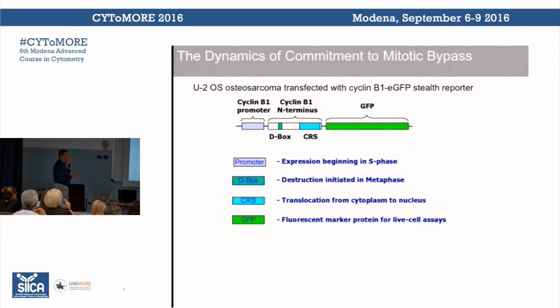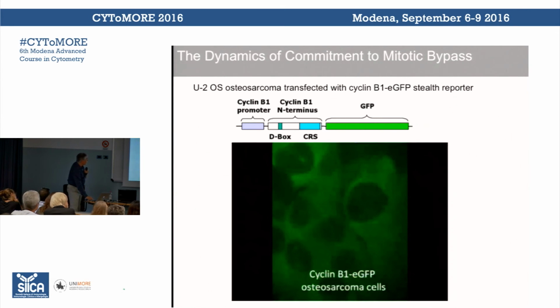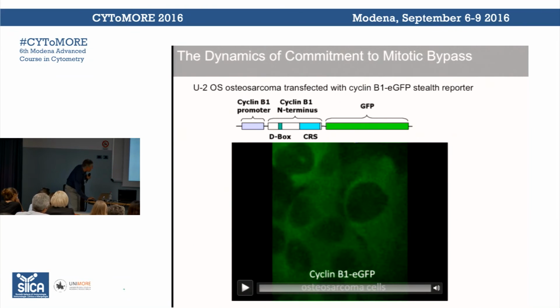So this reporter does everything that cyclin B does, and it appears, but it stands behind cyclin B like a shadow. It doesn't participate in any of the reactions, but it's produced, translocated, and destroyed with the same kinetics. Now this is important because normally what you do is tag active molecules, and they interfere with the process because you're overexpressing. So this is a stealth reporter. This is quite revealing.